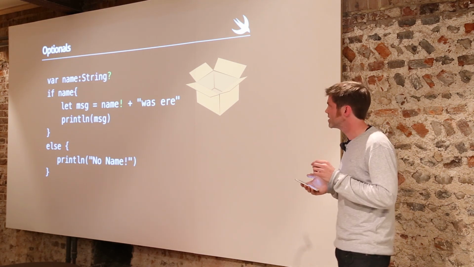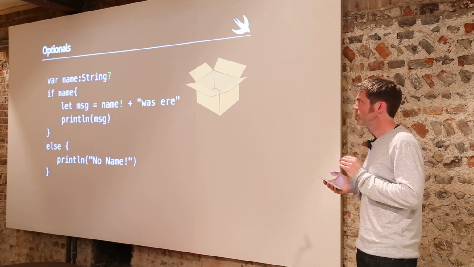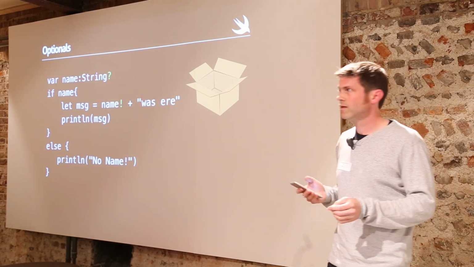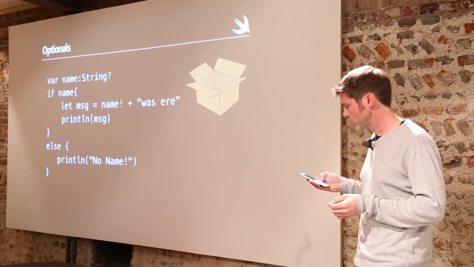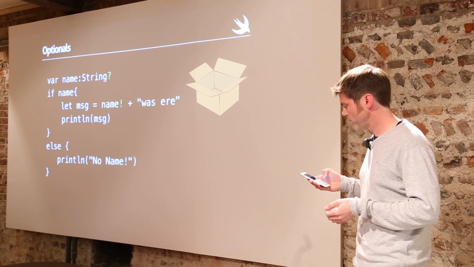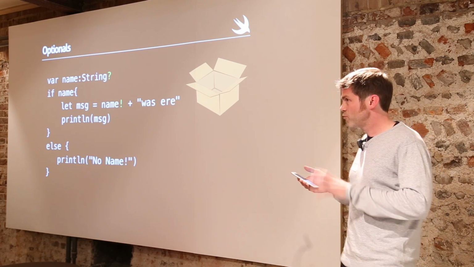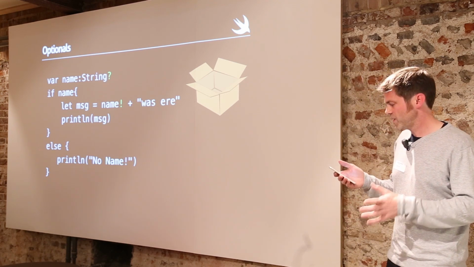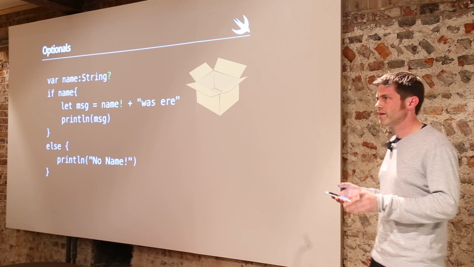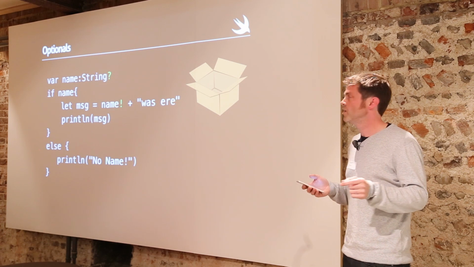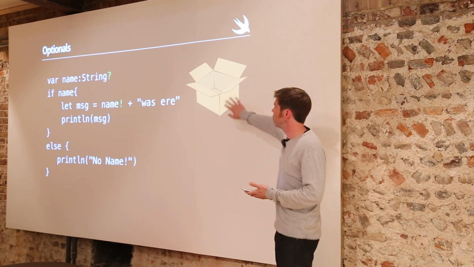Okay, here's where we get to the point where you can have a property with a nil value. So, optionals. Optionals are wrapper objects. They wrap strongly typed variables, but they permit those variables to be nil, so that's where we get this kind of box analogy.